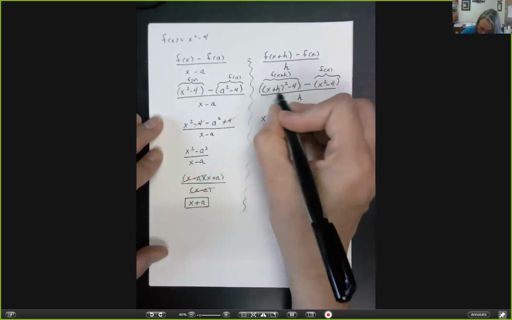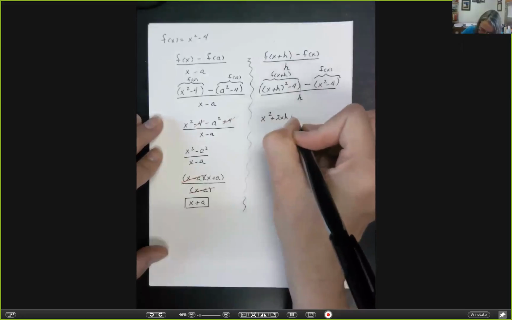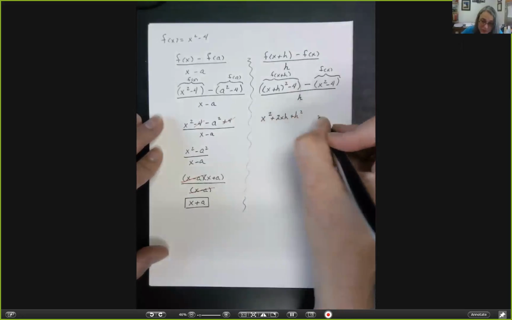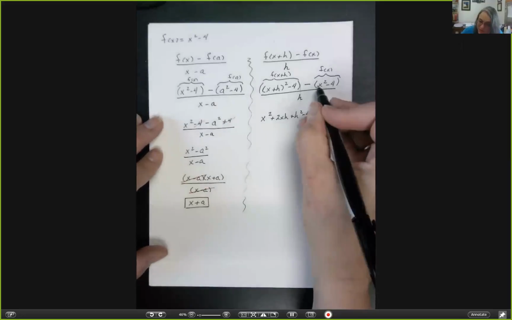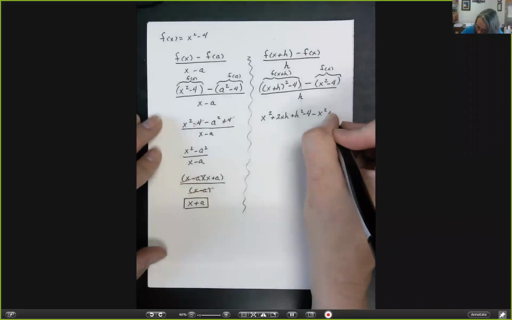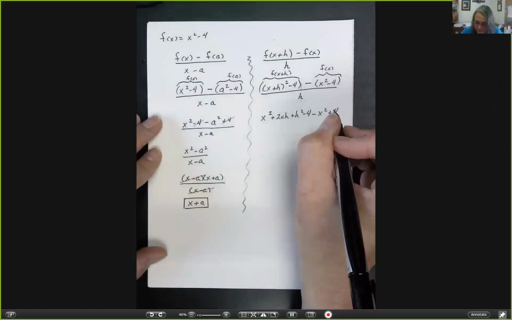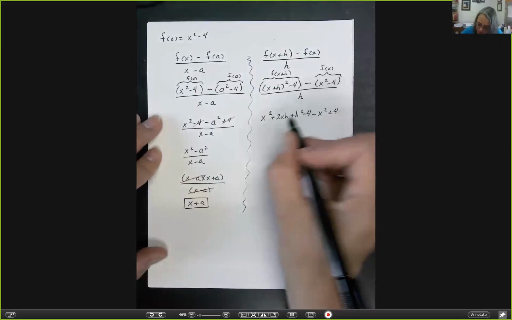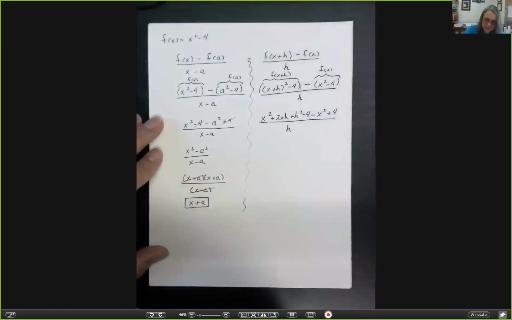X plus h squared is x squared plus 2xh plus h squared, do not forget to FOIL that, minus 4. And now distribute our negative sign, and we get negative x squared plus 4, all divided by h.